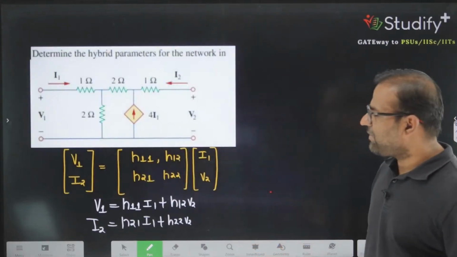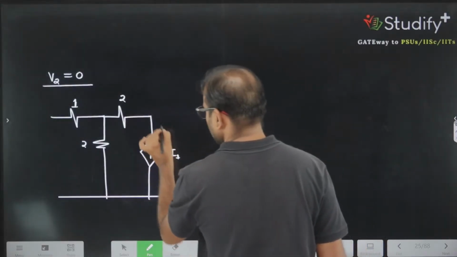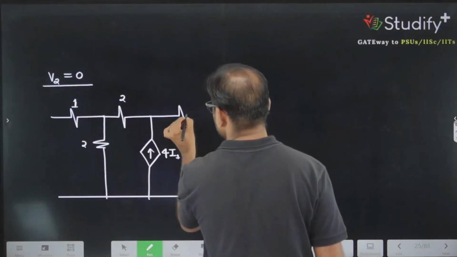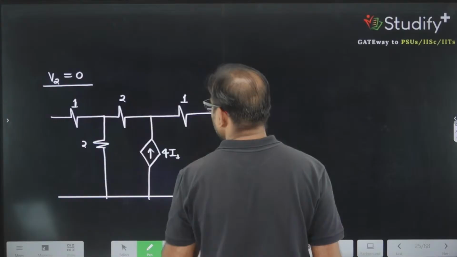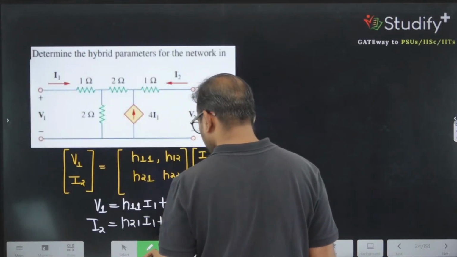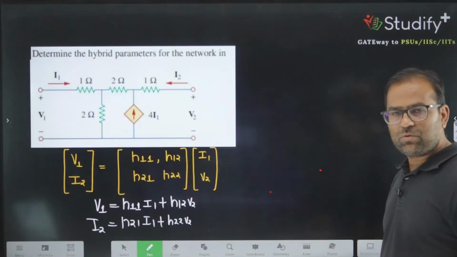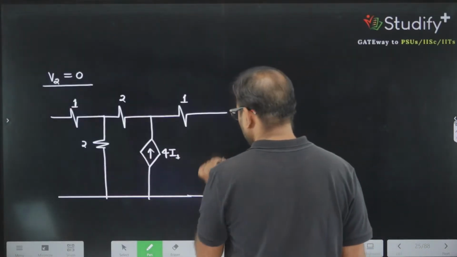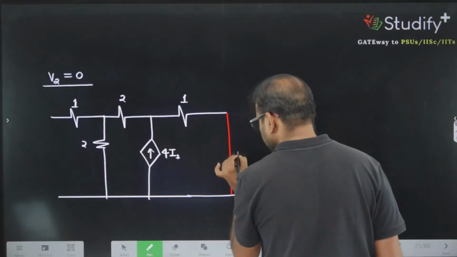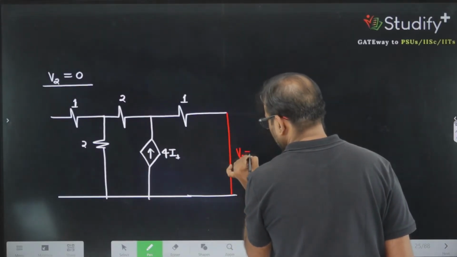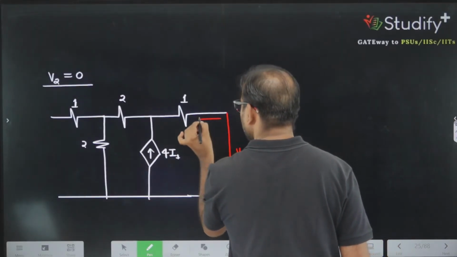What else do we have? A 1 ohm resistance is there. So let me write this as a 1 ohm resistance. We are replacing our V2 terminal by a short circuit, and from here you have current I2.